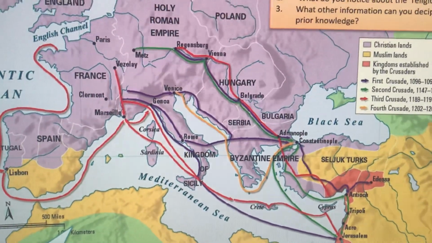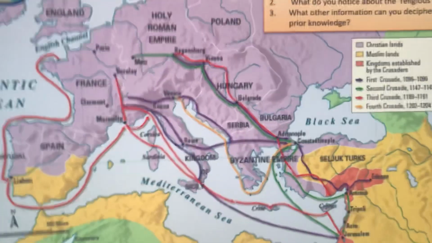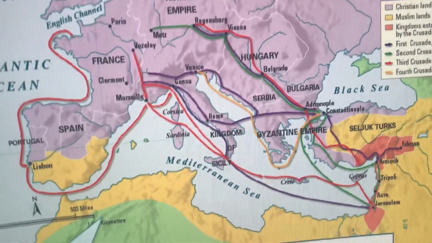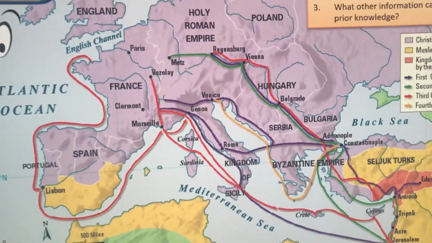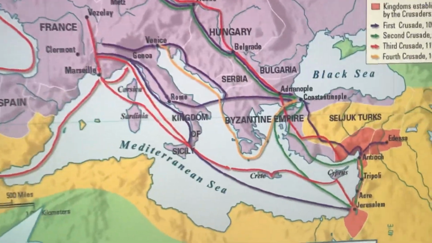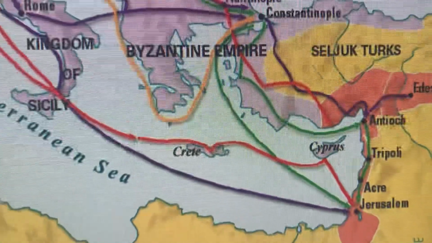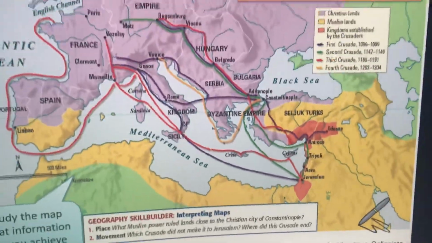It's not a long lesson, this one, but it is really important that you understand the routes and how difficult that trip would have been, to have gone all the way from Britain down to Jerusalem. And that is lesson 7.